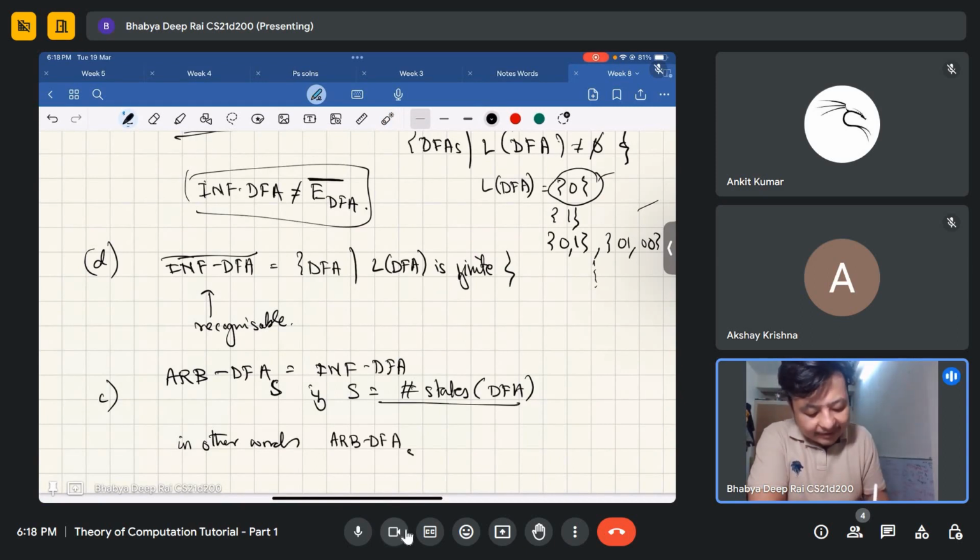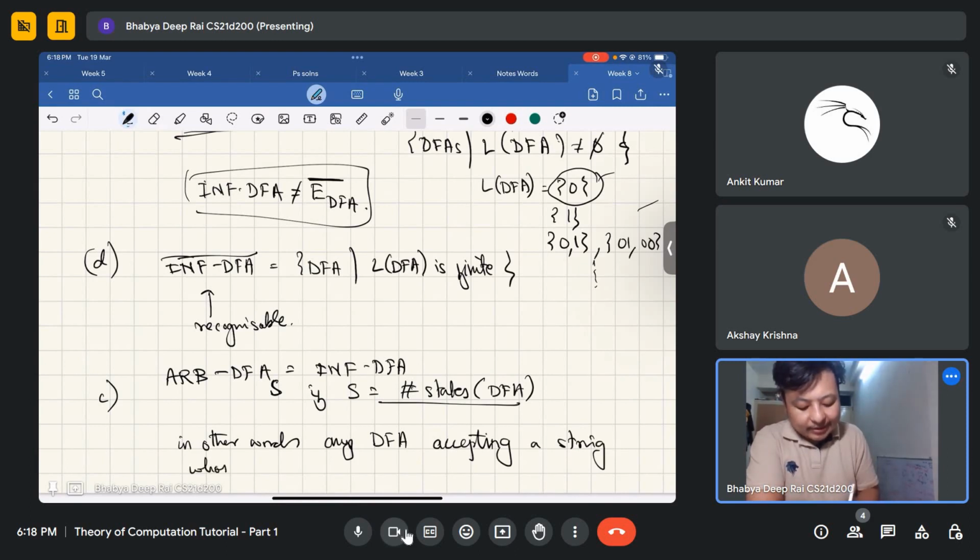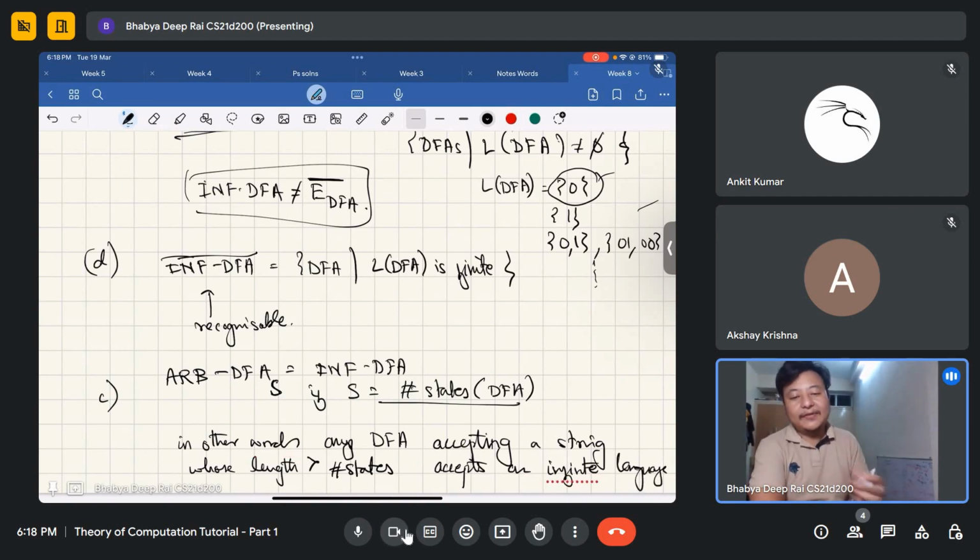I'll make it even simpler: any DFA accepting a string whose length is greater than the number of states accepts an infinite language.